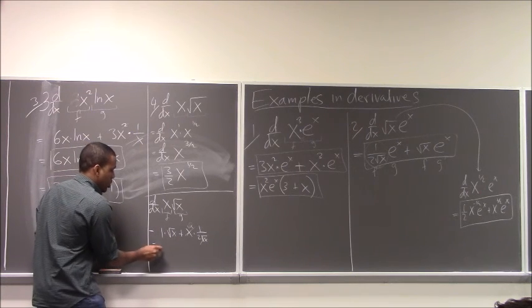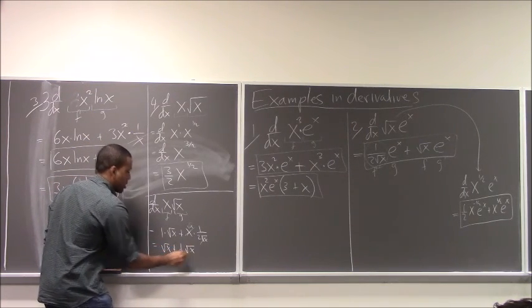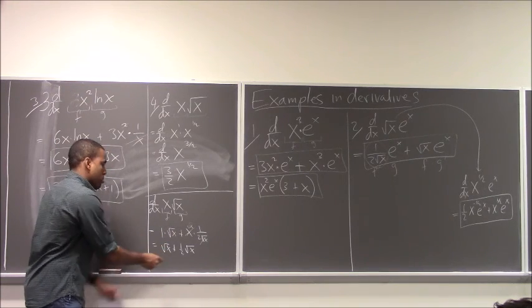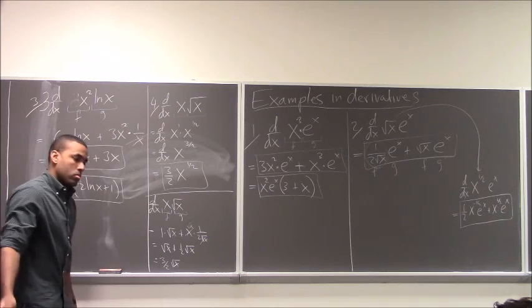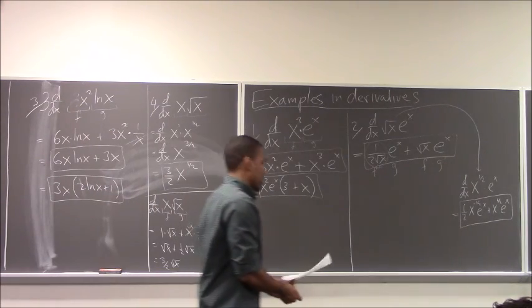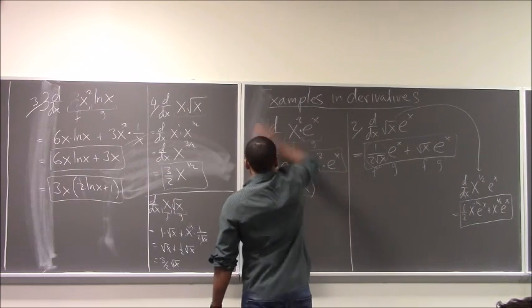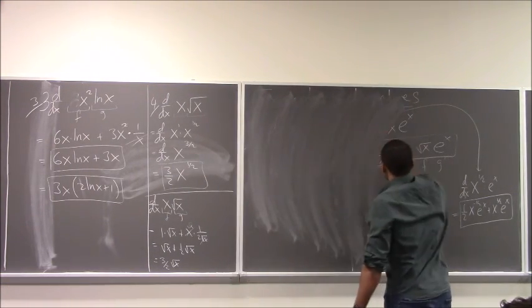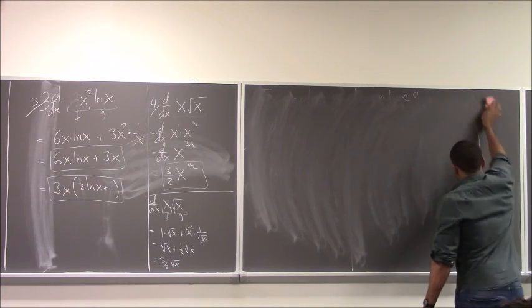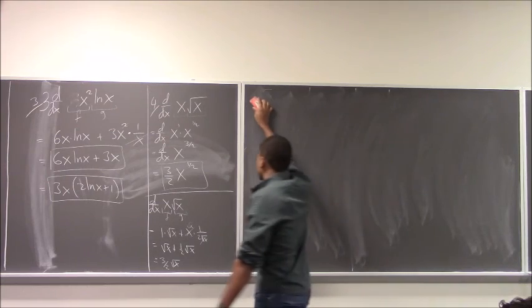And so really you have radical x plus 1/2 radical x, which you can combine into 3 over 2 radical x, which is the same thing. But for something like that, I would have simplified it and used the power rule. Sometimes the quotient rule and the product rule are overkill.